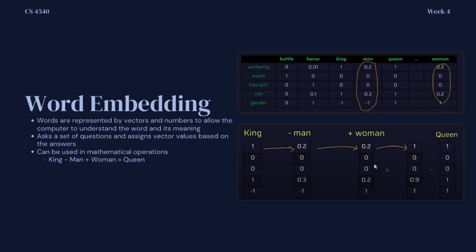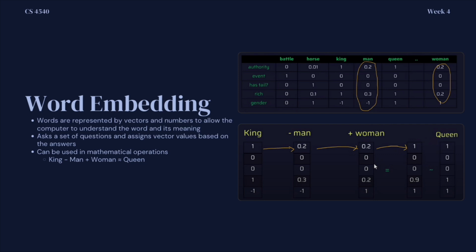Since computers cannot understand words, we have to represent words and their meanings with vectors of numbers, and this is called word embedding. The computer asks a set of questions to determine the meaning of the word and assigns a value depending on the answer. We can use the vectors of these words and perform mathematical operations for analogies.